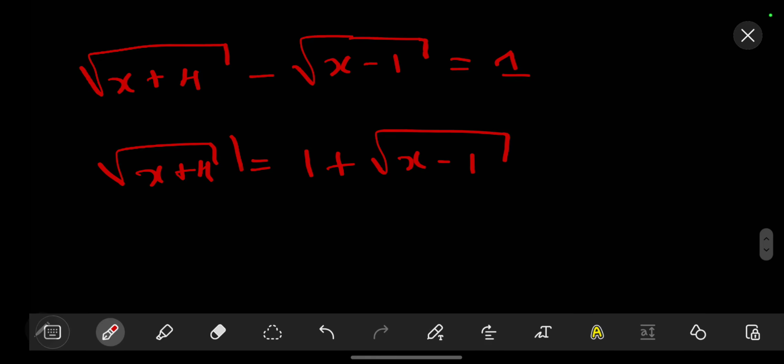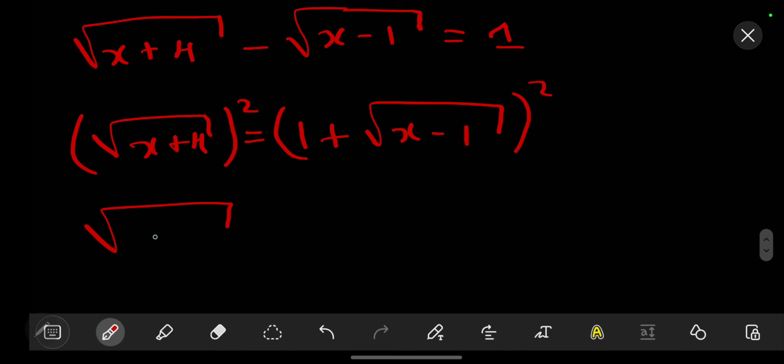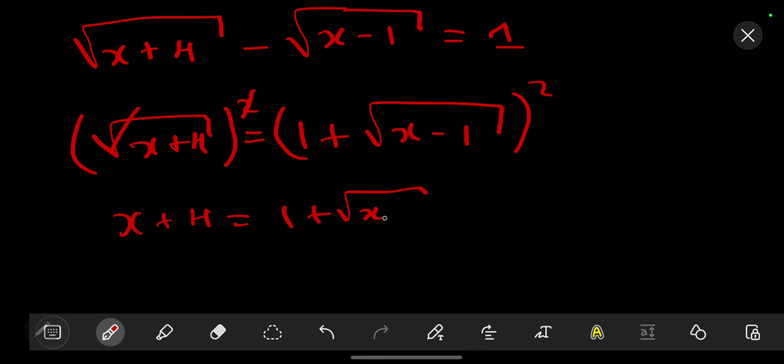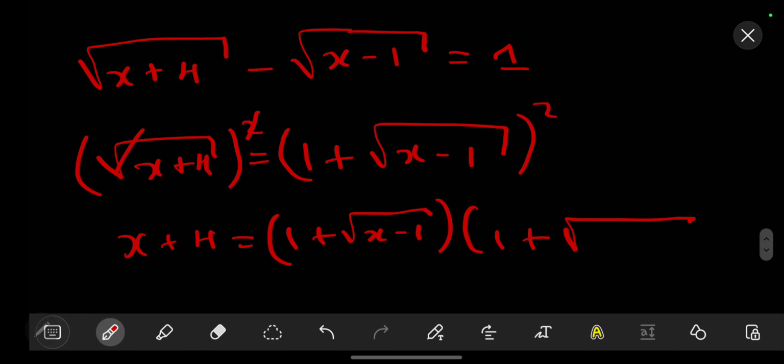Then we are going to square this and square this. So we are going to have this and this cancel each other, so we have x plus 4 should be equal to 1 plus the square root of x minus 1, times the same thing, 1 plus the square root of x minus 1.